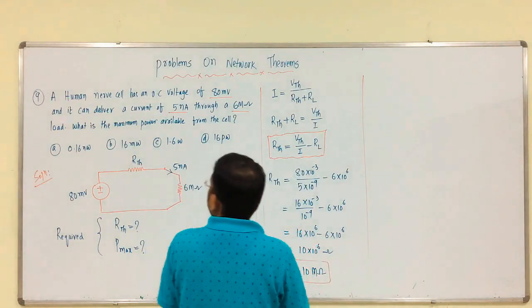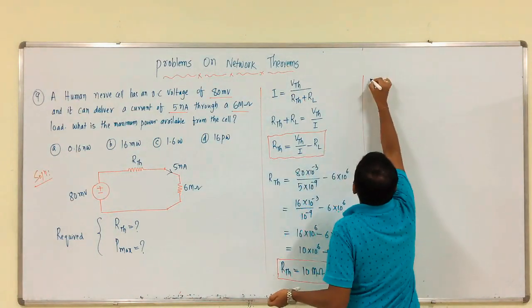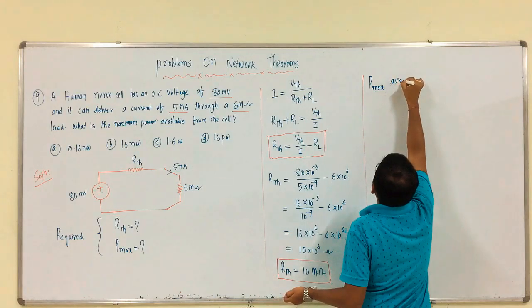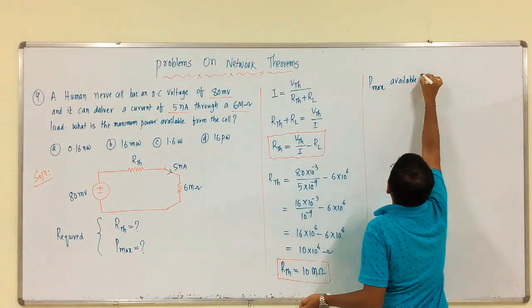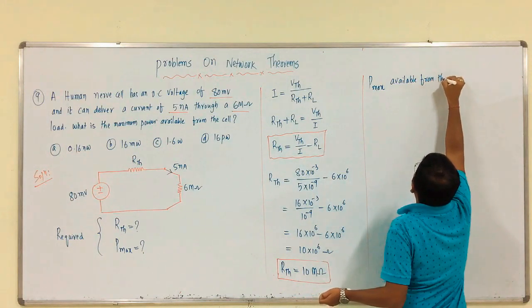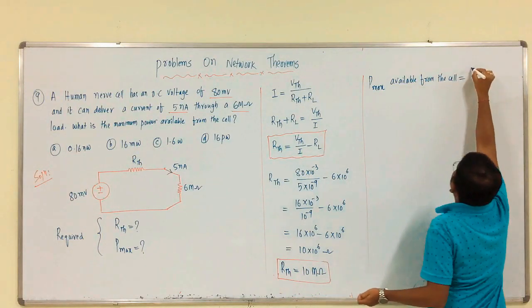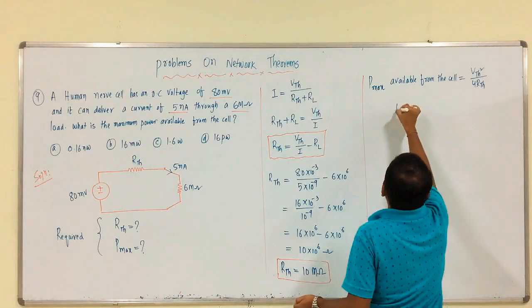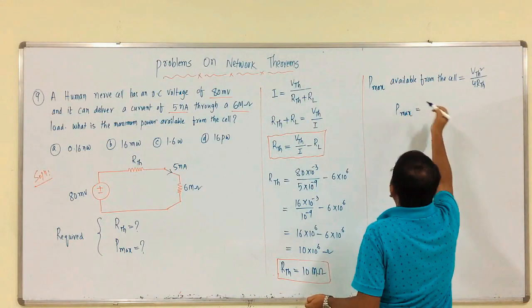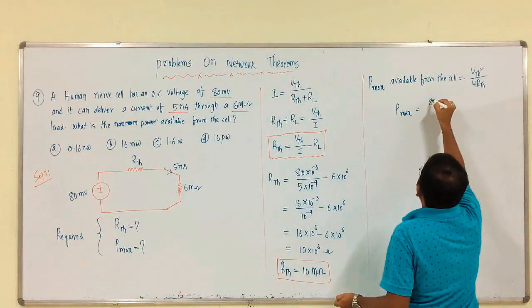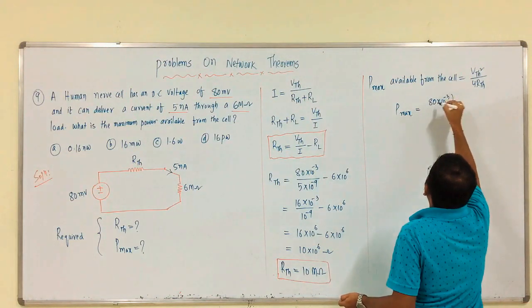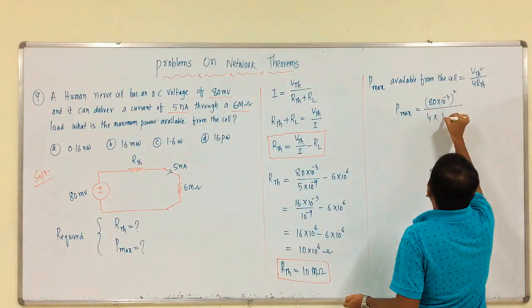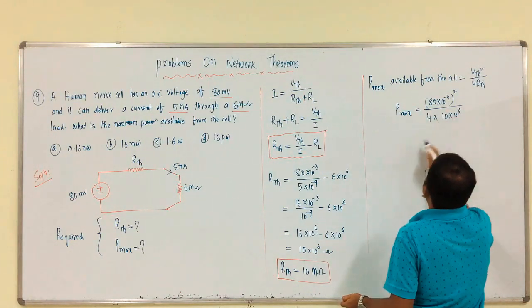Then P max available from the cell is nothing but VTH square by 4 RTH, right? So, P max is equal to, what is the value of VTH? 80 into 10 power minus 3 whole square by 4 into RTH, which is 10 into 10 power 6.